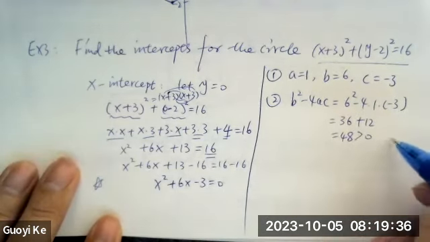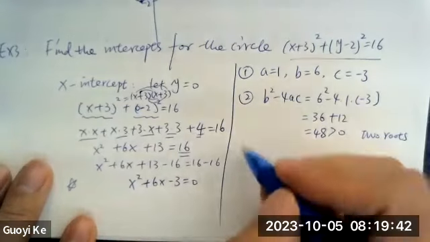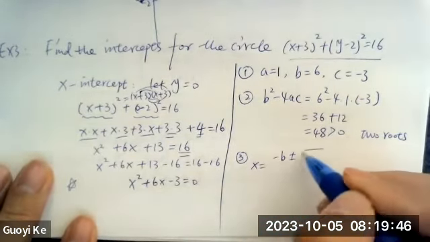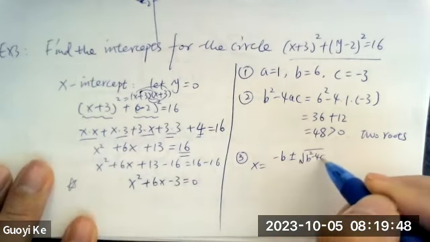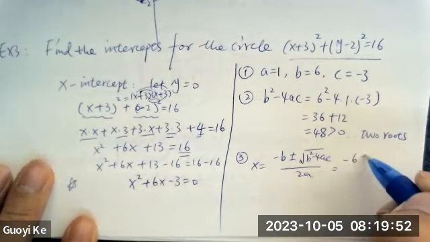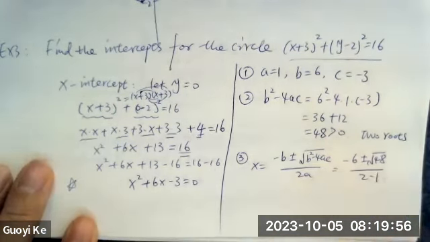Greater than 0, that means 2 roots. Third, plug into the quadratic formula. Right? And b is 6, a is 1, right?